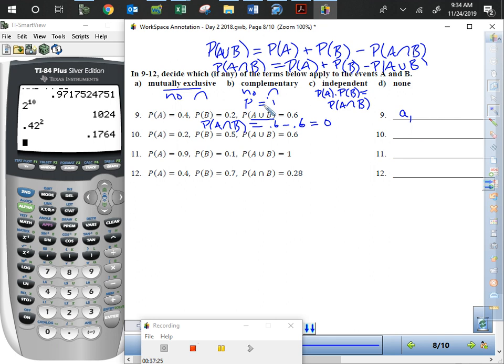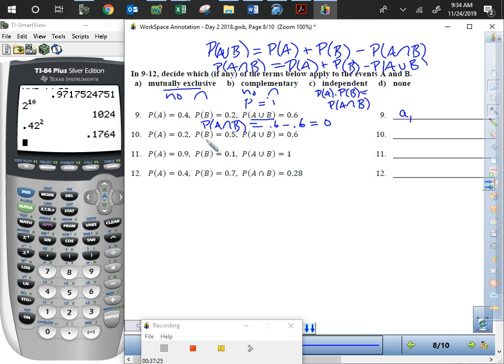Well, complementary has to mean that the union equals 1. The probability of the two things together is 1. Here it's not, so it can't be B. Now let's look at if they're independent. Do the two separate ones, when we multiply them together, give us that intersection of 0? Unless one of these is 0, that's not going to happen. So first up, just A.